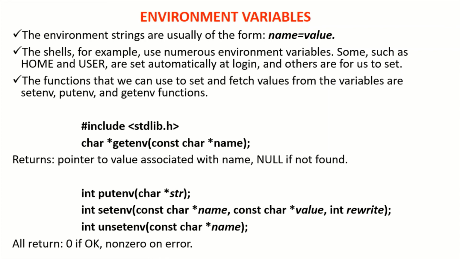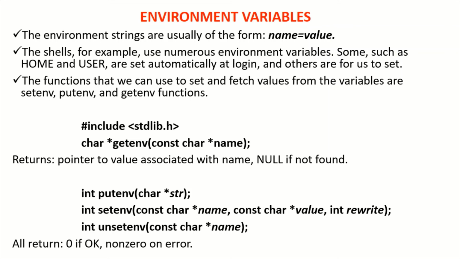Here we discuss environment variables. The environment strings are usually of the form name equals value. The Unix kernel never looks at these strings. Their interpretation is up to the various applications.